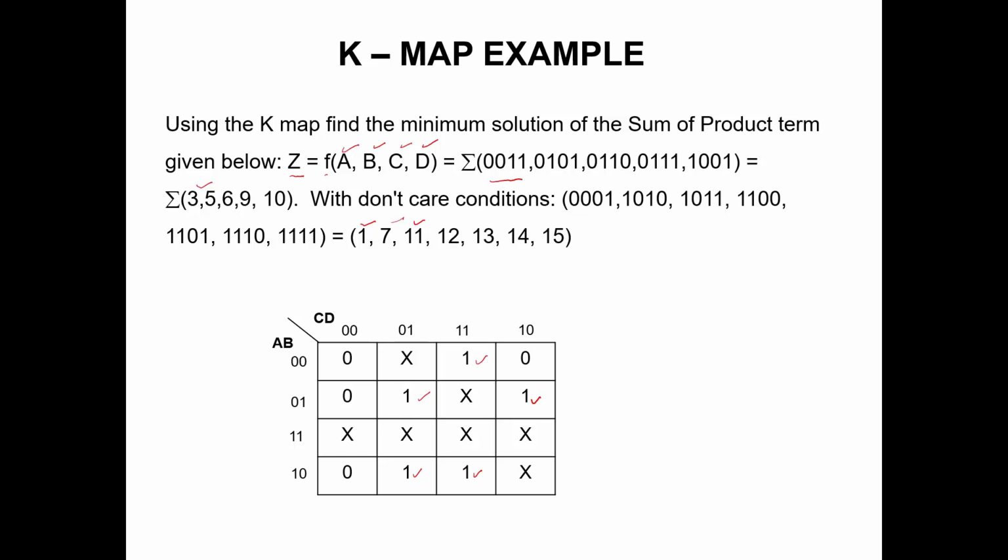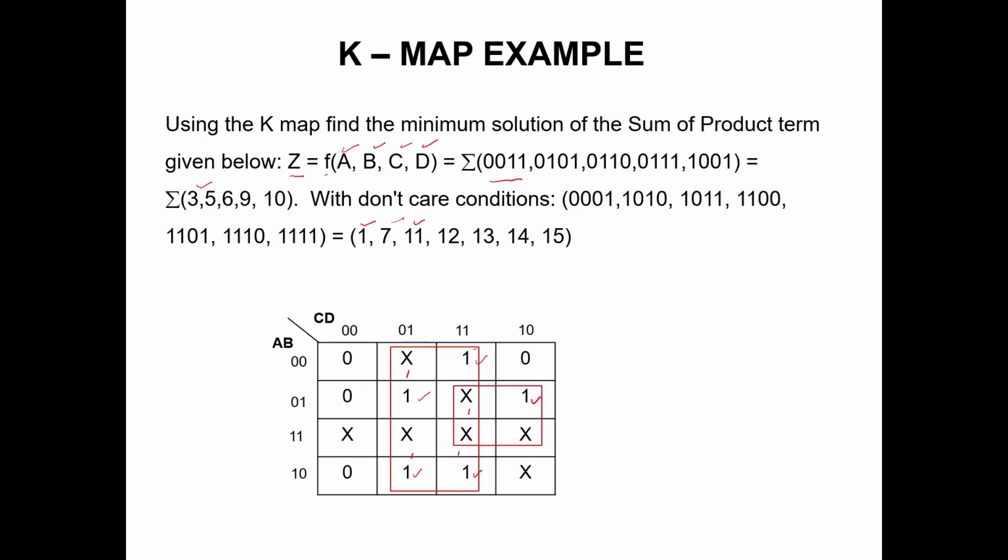But if I take the group of 8 by taking this as 1, this as 1, this as 1, this as 1, because we have to form the largest group possible, because with the larger group we will have the minimal expression.